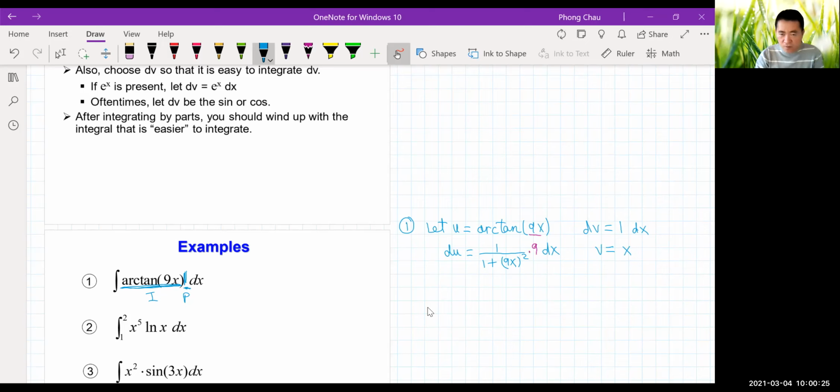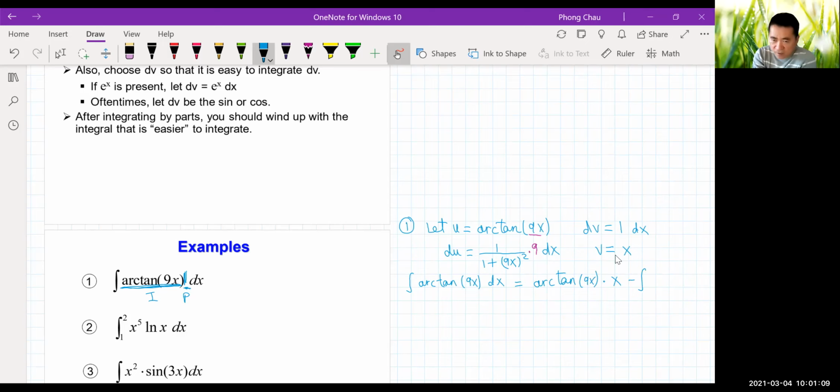Now, once you have u and dv sorted out for integration by parts, we can apply the formula. The integral that we have here is u times v, arctangent of 9x times x, minus the integral of v du.